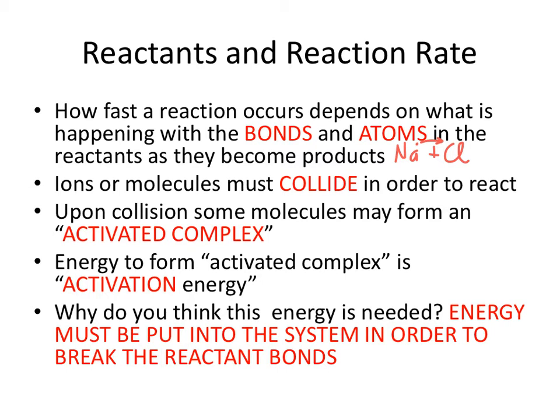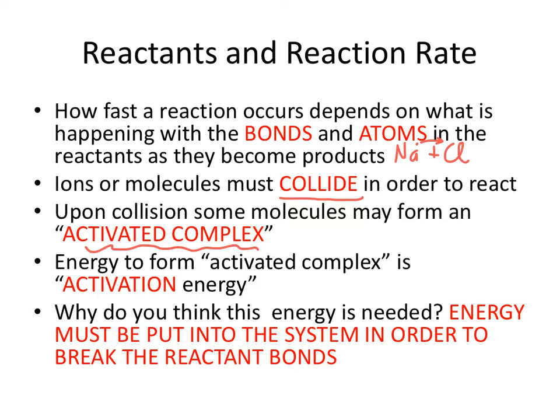We have ions and molecules needing to collide in order to react. And when those molecules or ions collide, there's something called an activated complex that is formed, and that is a situation where the two reactants are perfectly positioned and have enough energy to move ahead and become product.